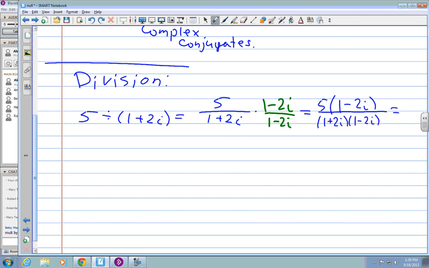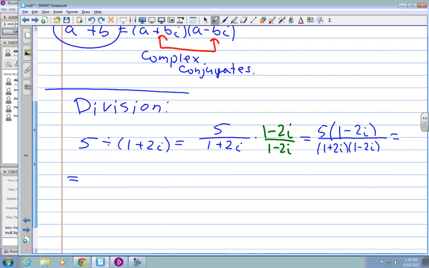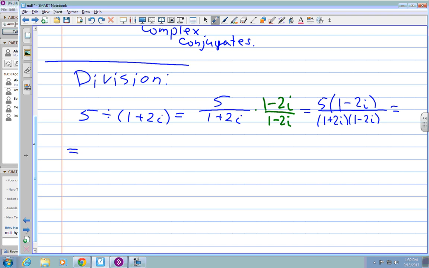Now, you can FOIL the denominator, you can use whatever you like. What I like to do is get comfortable with the sum of squares formula, because every time you multiply two complex conjugates, all you have to do is take the real part, square that, then take the imaginary part, square that, and add both.